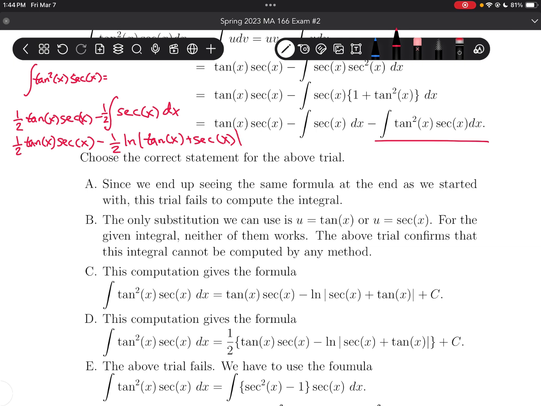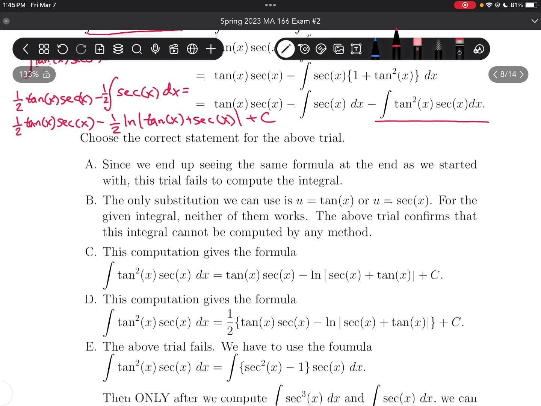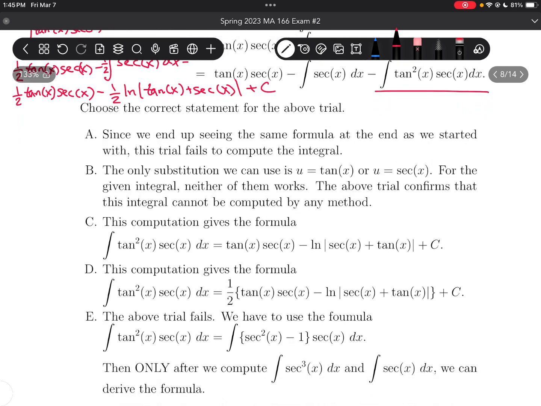And so our final expression for the integral in question is 1/2 times tangent x times secant x minus 1/2 times natural log of tangent x plus secant x. And we can't forget, all of that plus c, a constant. So the correct answer for this problem is D.